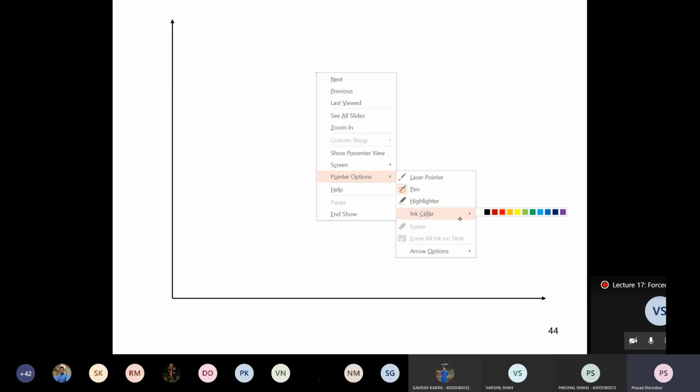All right. So now what we are going to do is study the characteristics of this magnification factor curve.